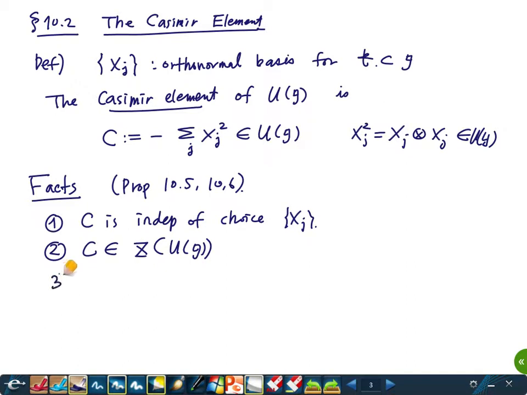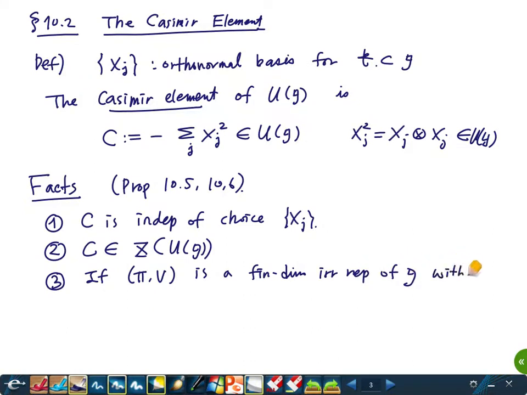And another nice thing: if pi comma mu is a finite dimensional irreducible representation of G with highest weight mu, then we can extend. We know that every representation of G can be naturally extended to the universal enveloping algebra.